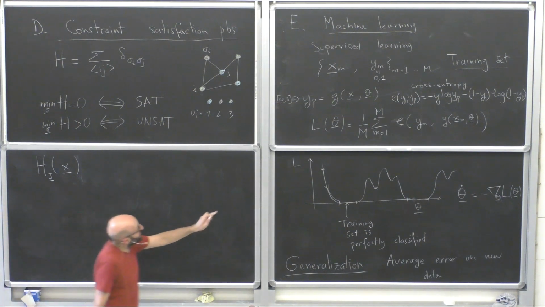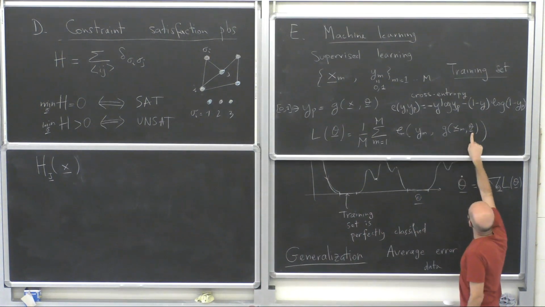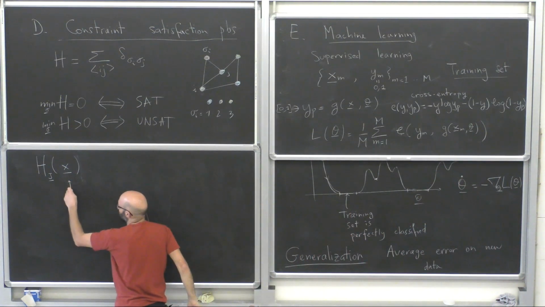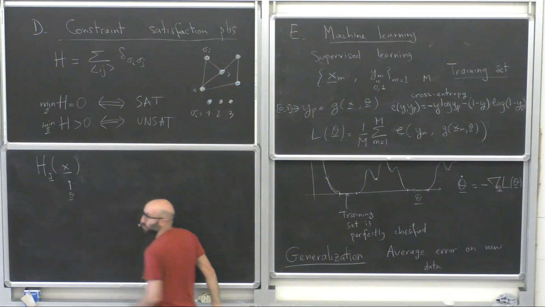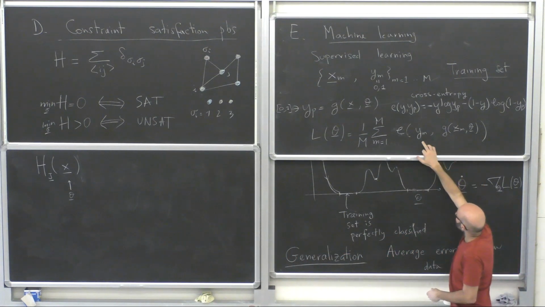In the case of machine learning, there are some degrees of freedom, the theta. These are the degrees of freedom that you want to minimize. But there is also something else, which is the input data.